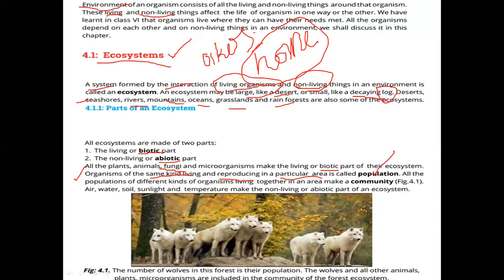As you see here in the picture, there are lots of wolves, and they all are of the same type. So in this area, this kind of animal is called the population of wolves. The number of wolves present in this forest is called its population.